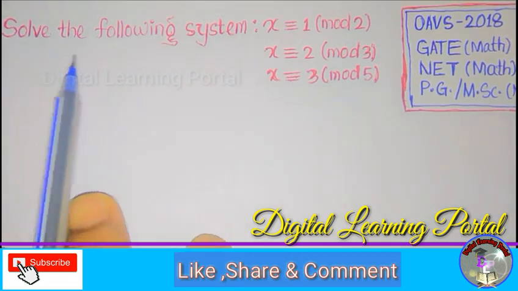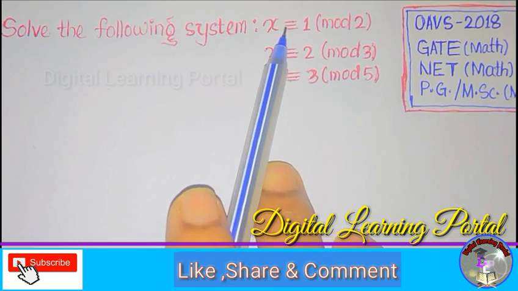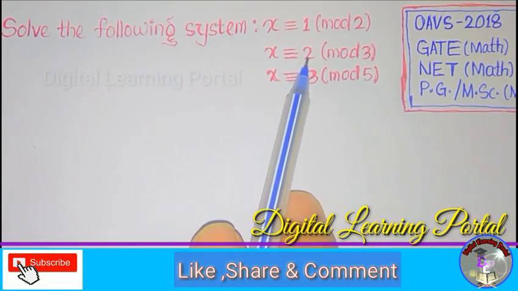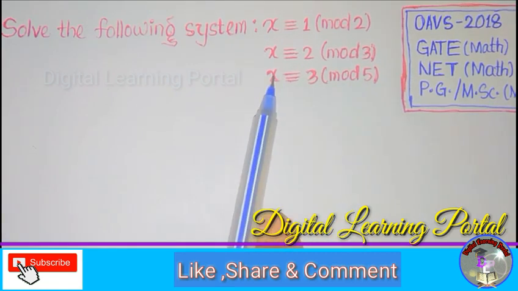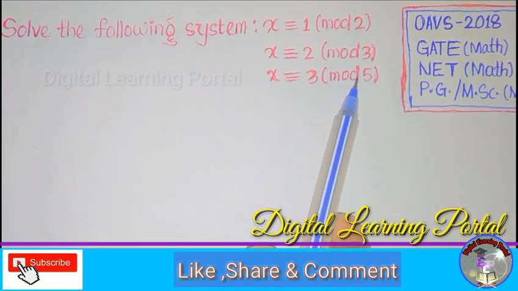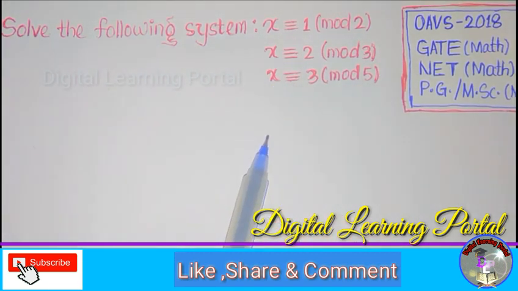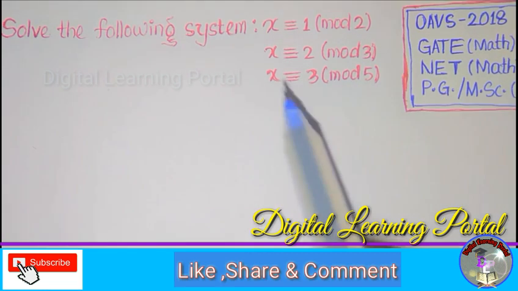Here in this question, as you can see, x congruent with 1 mod 2, x congruent with 2 mod 3, x congruent with 3 mod 5. This is the question, and there are three congruences, so we can apply the Chinese remainder theorem.